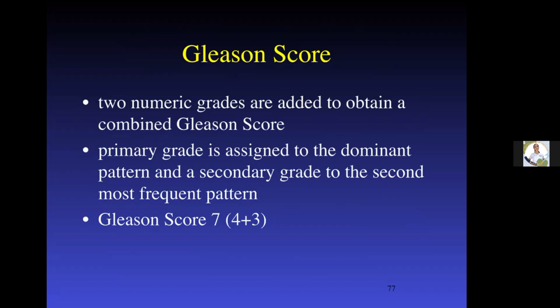There is no more 1 and 2, but the lowest is 3 in cribriform pattern. You don't have to memorize this, I can give this to you on March 27, when we will have discussion on the microscopic features of the different tumors.